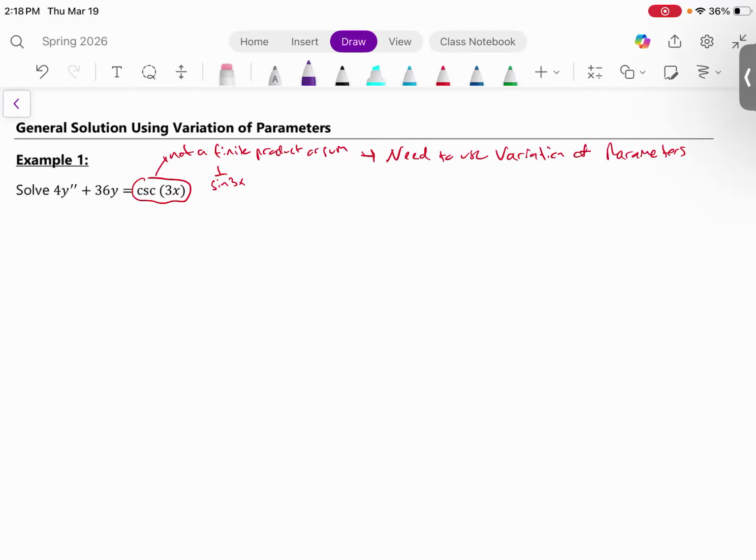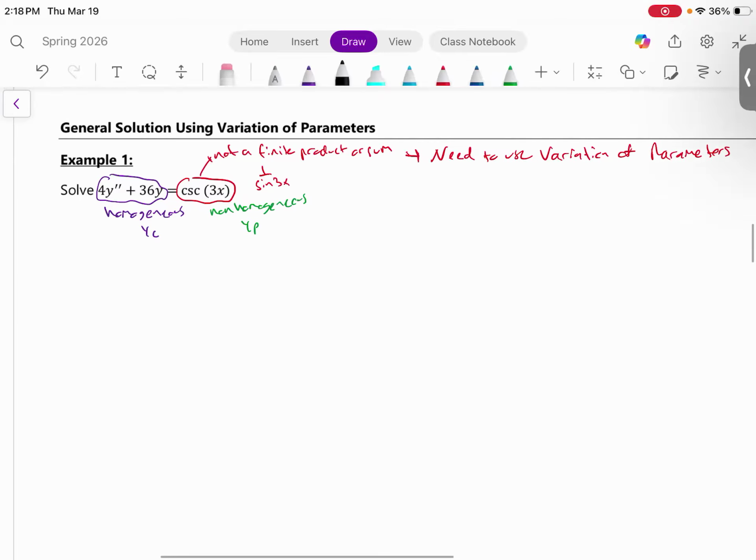Remember that this component on the left-hand side is our homogeneous component, and from our homogeneous, we are able to obtain our complementary solution. And my cosecant 3x is my non-homogeneous component, and that's where I get my particular solution. So let's go ahead and solve for this complementary solution.